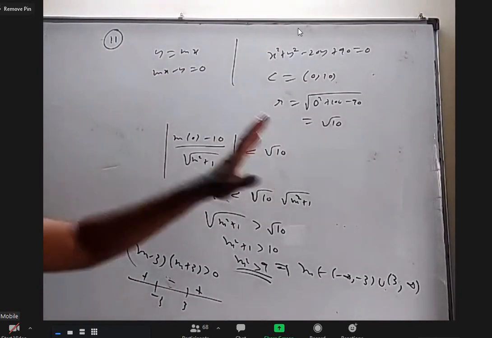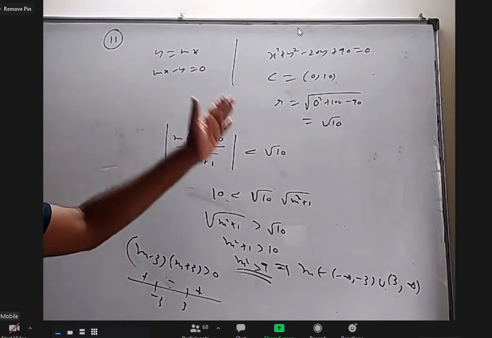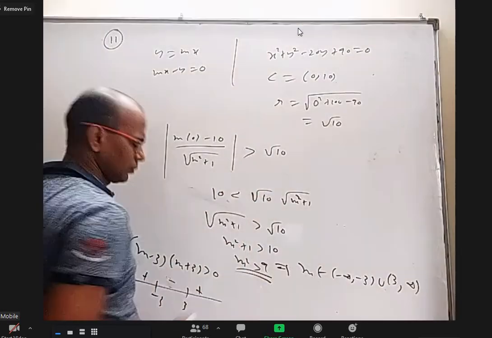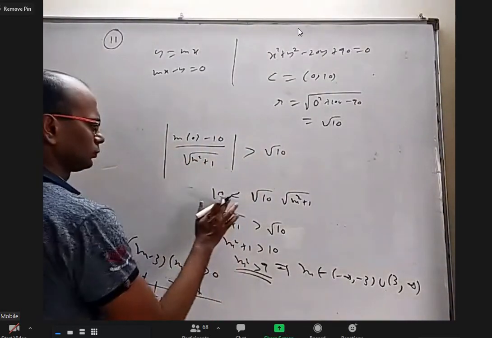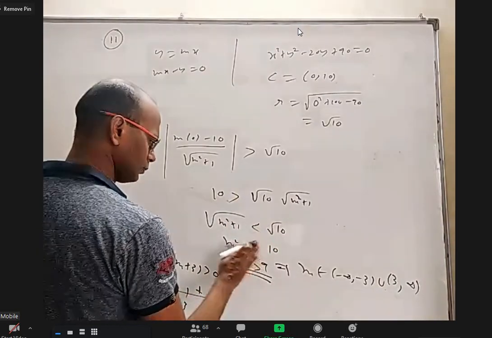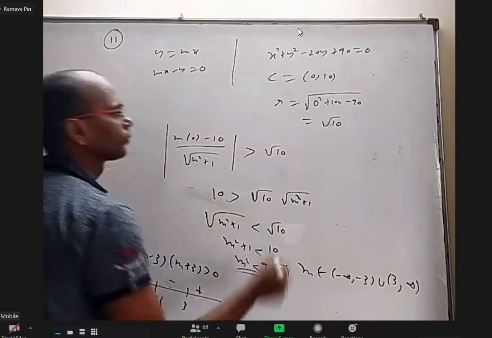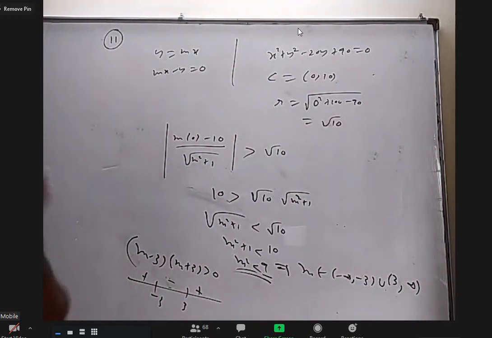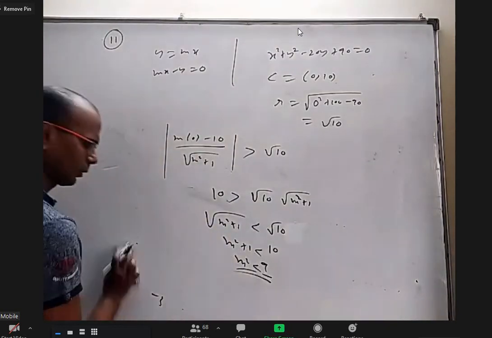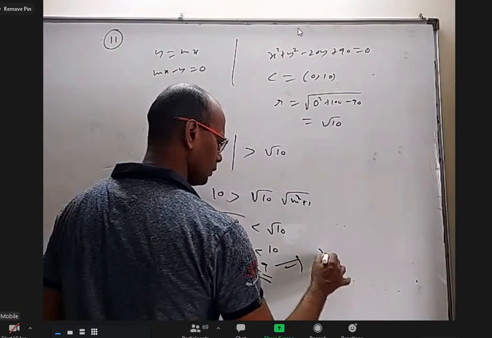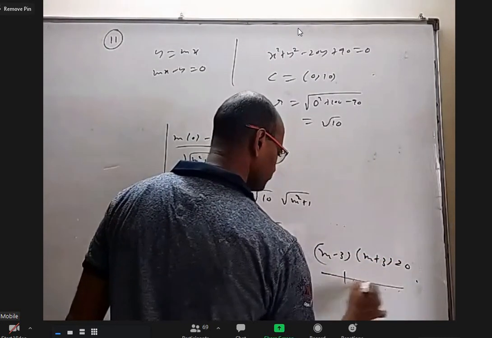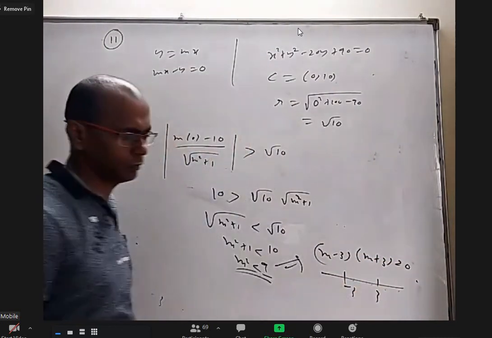Okay, very simple thing. From the center, the perpendicular distance to line should be greater than radius, right? Outside, sorry, not less than radius. Okay, then m will be between minus 3 to 3, m minus 3 into m plus 3 less than 0.